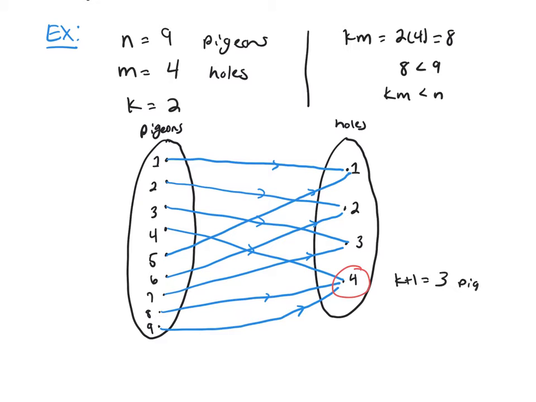It has 3 pigeons in this hole. So in the case where they're the most spread out possible, there has to be at least one hole that has K plus 1 pigeons in it. It could contain more than that, like if all the pigeons flew into one hole, but it has to have at least K plus 1 pigeons in it.